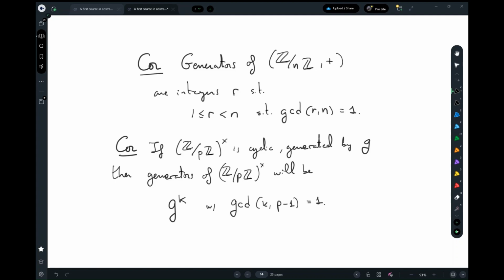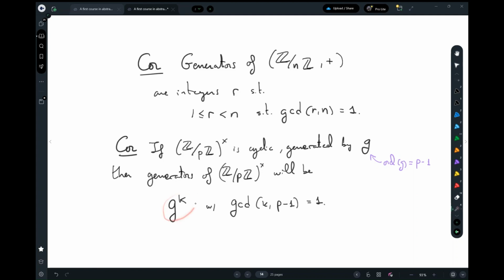This follows from the formula for the order. We know that the order of g is the size of the group, which is p minus 1.